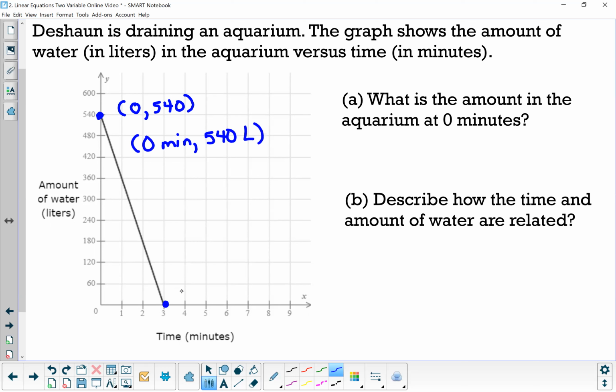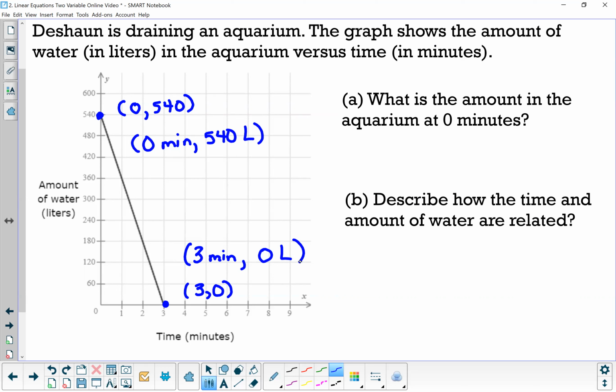For our x-intercept, we have the point 3, 0, or if we put our units in, we have 3 minutes and we have 0 liters. Okay, and again, we have a negative slope here.